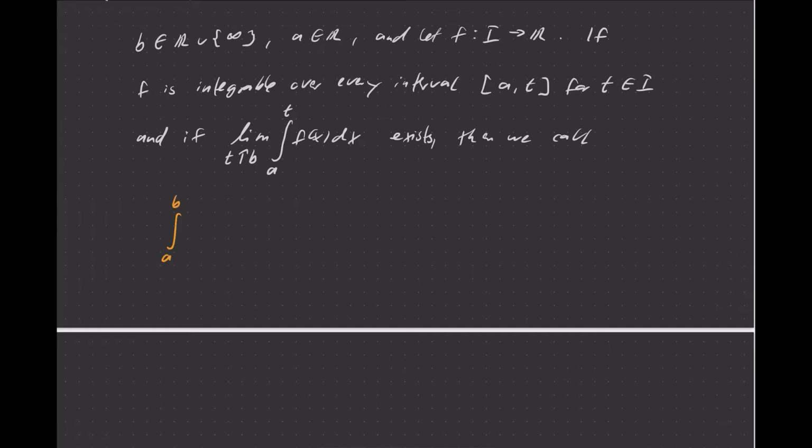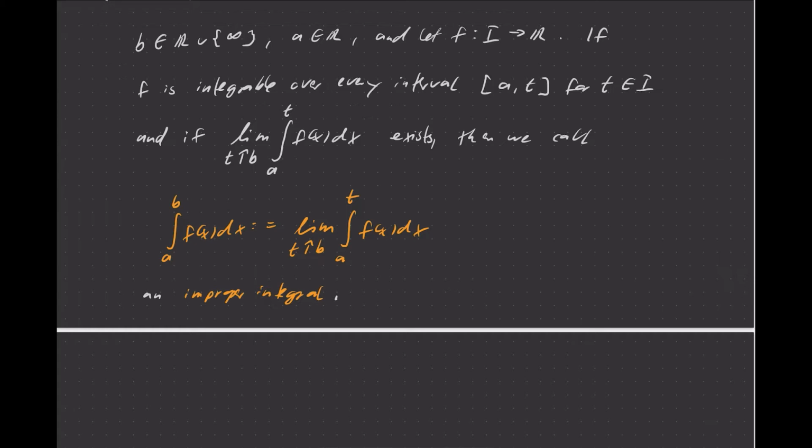So b could be infinity, that's something like a to infinity, for example. f(x) dx, that is then defined as precisely that limit. So t goes to b from below, integral from a to t, f(x) dx, and we call that an improper integral. So that is the improper integral of f over the interval a, b.